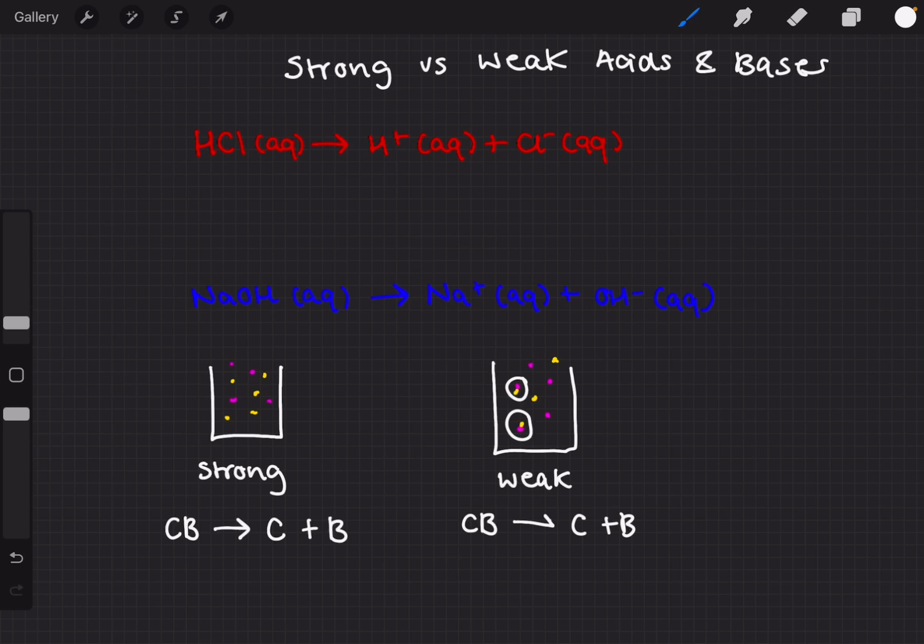So when writing the equation for this, we're going to be using the double arrow signs because it's existing in both states. And then this will be more important when we get into Ka and Kb constants.